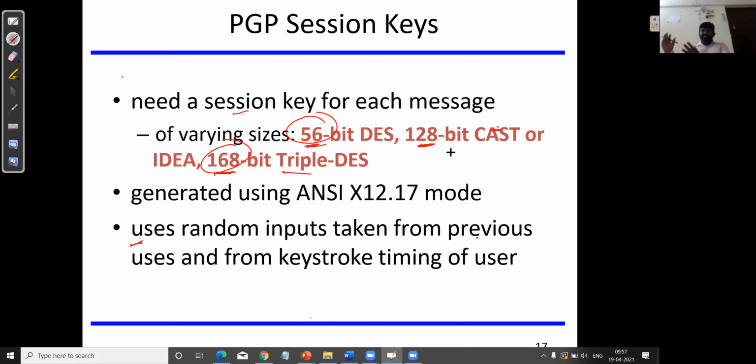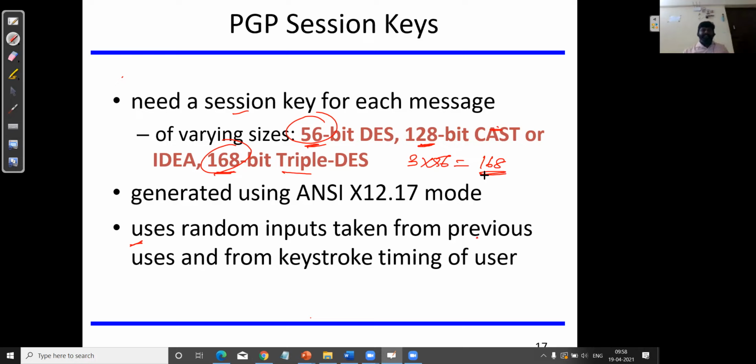There are different versions or combinations. We can use three different keys for encryption, or you can use encryption using K1, then encryption using K2, and then decryption using K1, so that you get a combination of keys. So 3 times 56 gives you a 168-bit key which will be used for encryption.